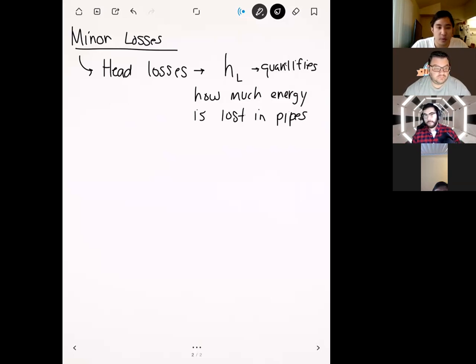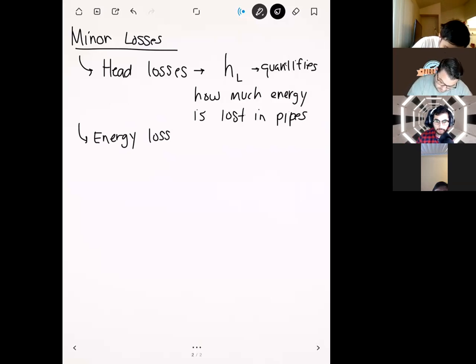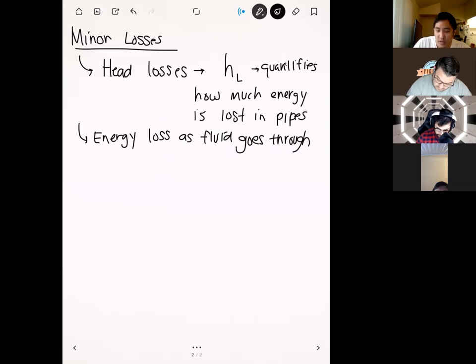And so today we're going to talk about minor losses, which is the energy loss that occurs in pipes as the fluid goes through several components. Remember, the naming convention for these losses is pretty terrible.